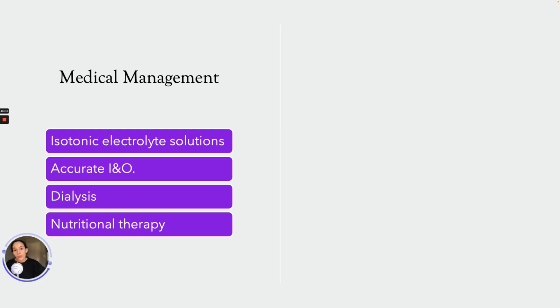Can also use dialysis. So hemodialysis or peritoneal dialysis is performed to remove nitrogenous waste and control potassium and acid-base balances and to remove sodium in fluid. And nutritional therapy. So treatment of fluid and electrolyte imbalances should involve restrictions or enforcements of certain electrolytes.